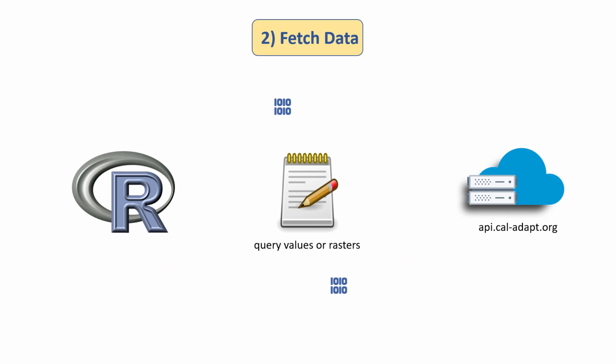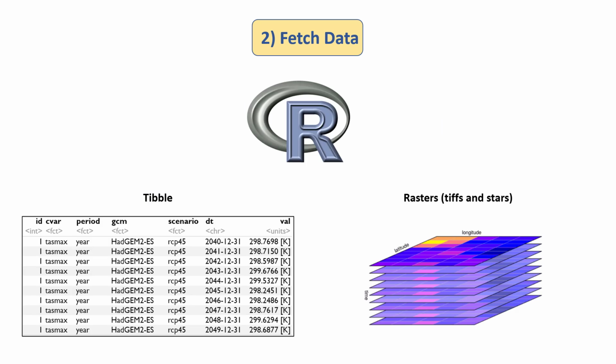Once you've got your API request object in good shape, you're ready to actually fetch some data from the CalAdapt server. There are different fetching functions in the package you can use depending on whether you want it to send you tables or rasters. When that's all said and done, you'll either have tables of data or raster objects. Each row of the table represents one date, one location, and one climate variable.